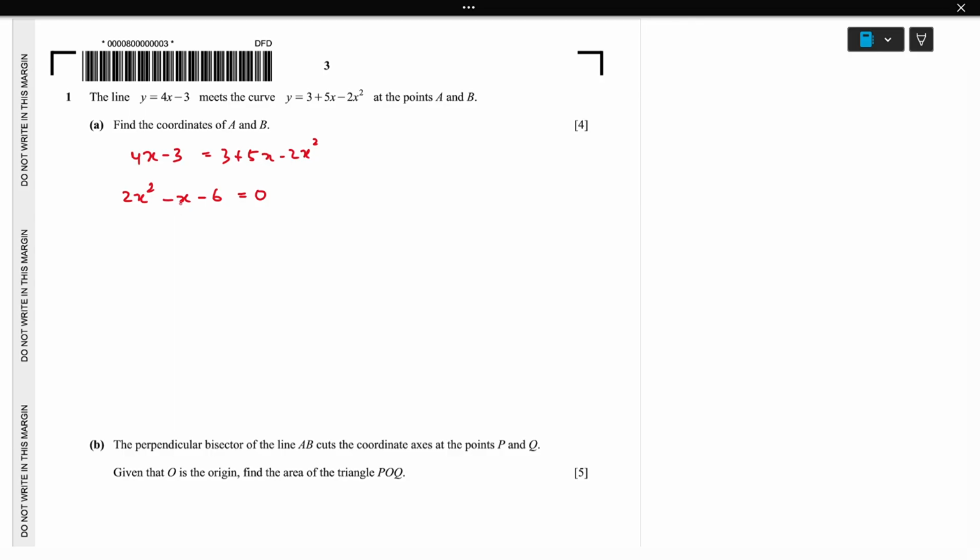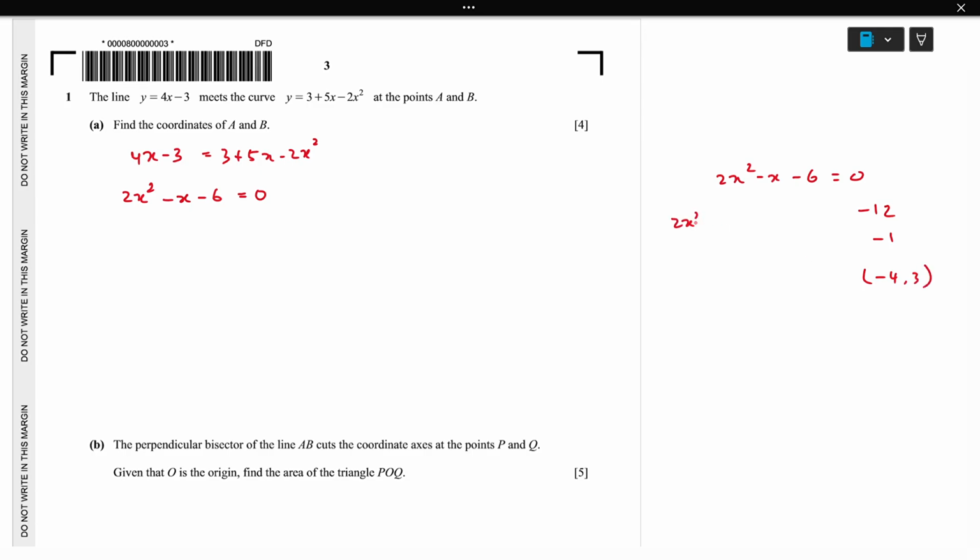Now we need to factorize. Multiplying 2 by minus 6 gives minus 12, and we need two numbers that multiply to minus 12 and add to negative 1, which are negative 4 and 3.